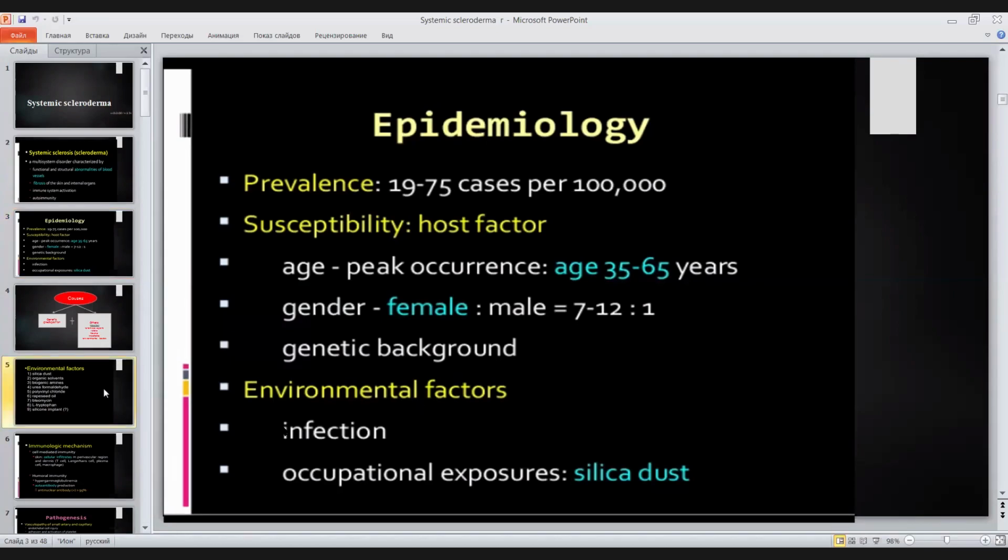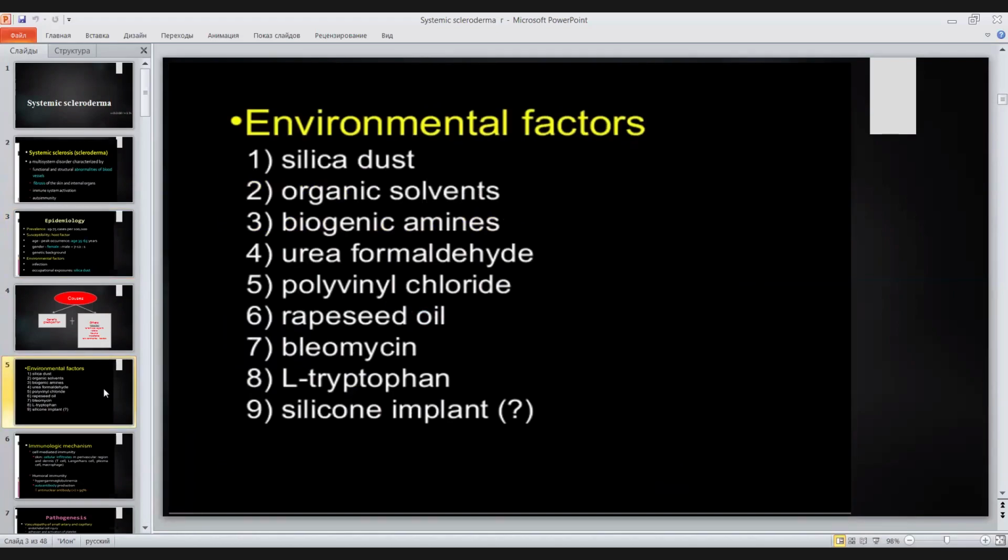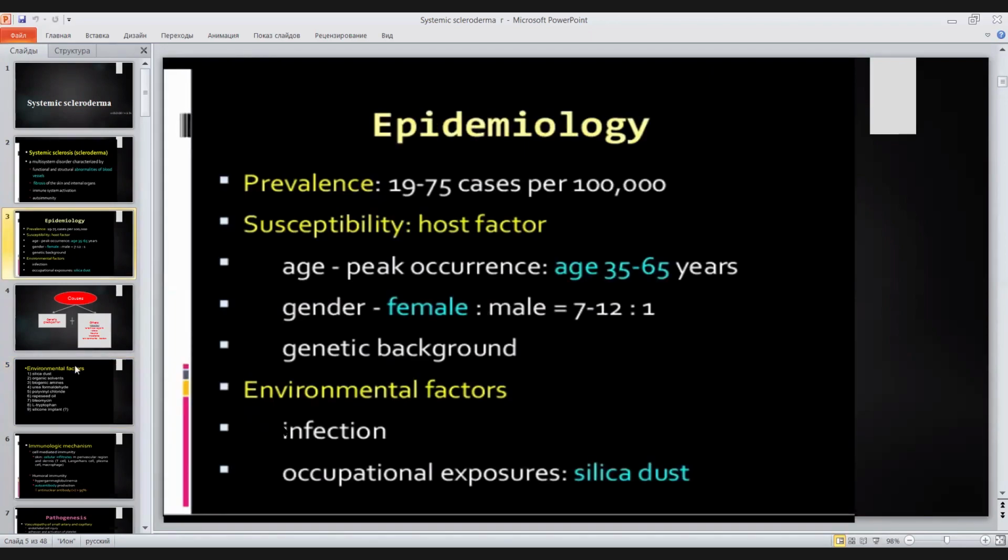Which chemical agents might be the trigger factors which activate immune cells in a patient with genetic predisposition? Might be silica dust, organic solvents, urea formaldehyde, polyvinyl chloride, bleomycin, L-tryptophan, etc. This type of chemical agent might trigger a patient with genetic predisposition.